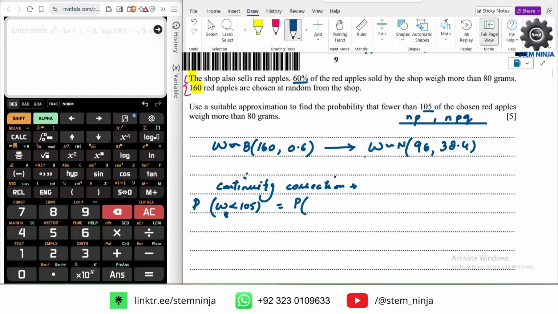So the upper bound we will select for the normal one. So 105.5. So now we need to standardize this. 105.5. Oh no, sorry, less than 105, no? Sorry, this would be 104.5, sorry. You're right, sorry.